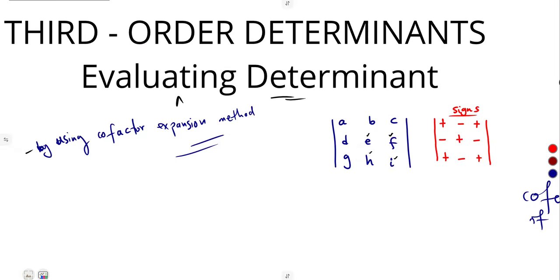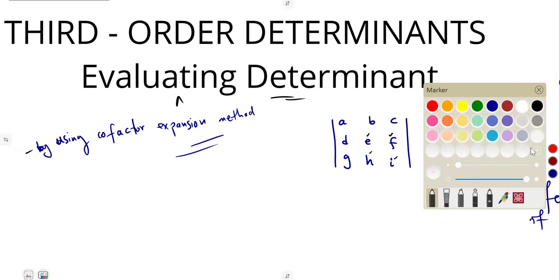Meaning to say the signs must be involved. So it's a sum of 3 products that you're going to have in determining the determinant. So this is what I'm going to do in short.